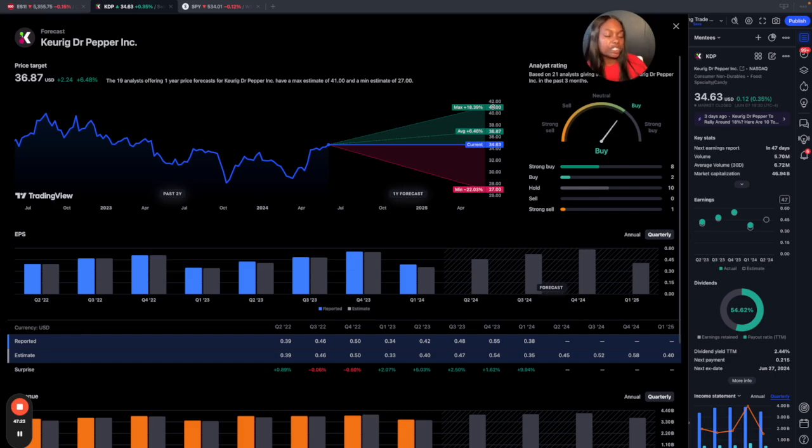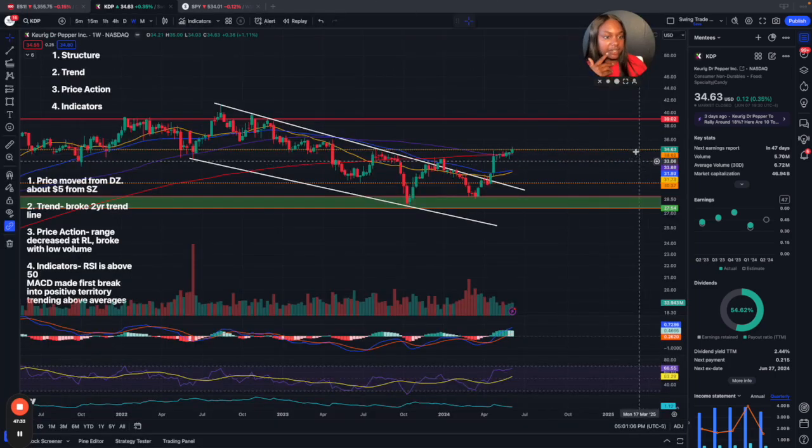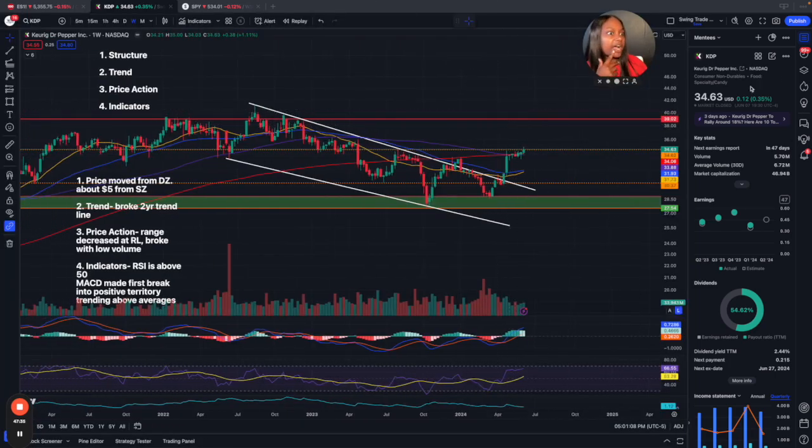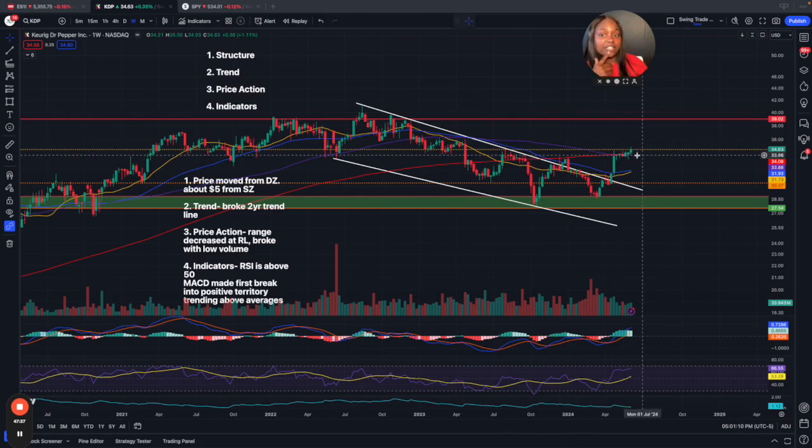Of course, we just read the article where one analyst company cut it from 41 down to 39. The average being 36.87, so 37. The high being 39. I'm not mad at this, y'all, because if it gets to 39 and it rejects there, guess what I'm doing? I'm looking to trade it right on back down towards the 31. And if it fails to hold that, on into the 27, 28 range.